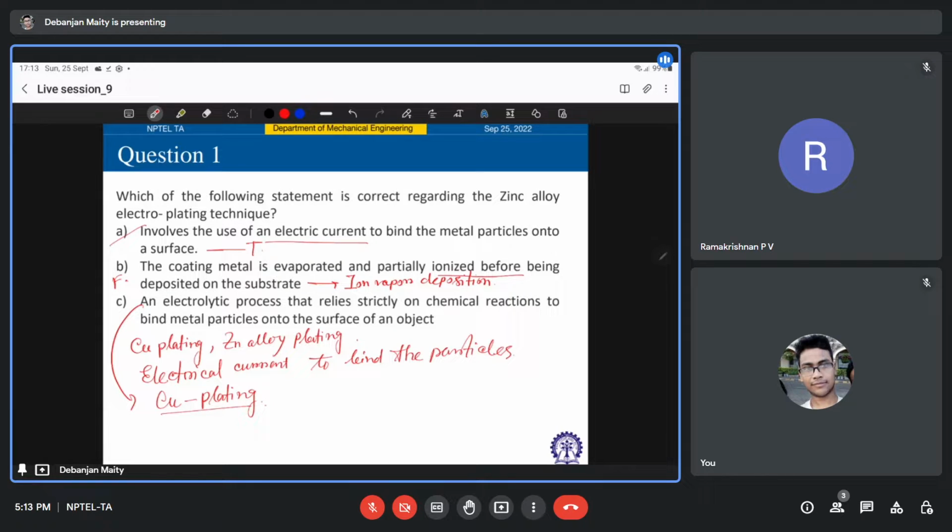In terms of zinc alloy electroplating technique, this statement is again false, right? So A is true, B is false, and C is also false. We are looking for zinc alloy electroplating technique.